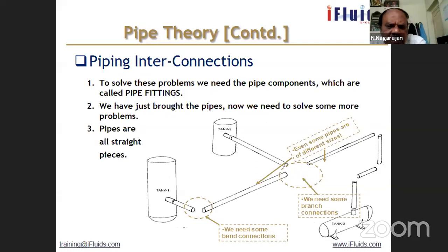Even in household piping, you might have seen, we use elbows, T-joints, unions, reducers, expanders. These are all used to connect piping. Expanders or reducers are used when you connect 2 pipes of different size. If you want to connect a 10-inch pipe with a 6-inch pipe, you need a reducer. The reducer smoothly reduces from 10-inch to 6-inch.